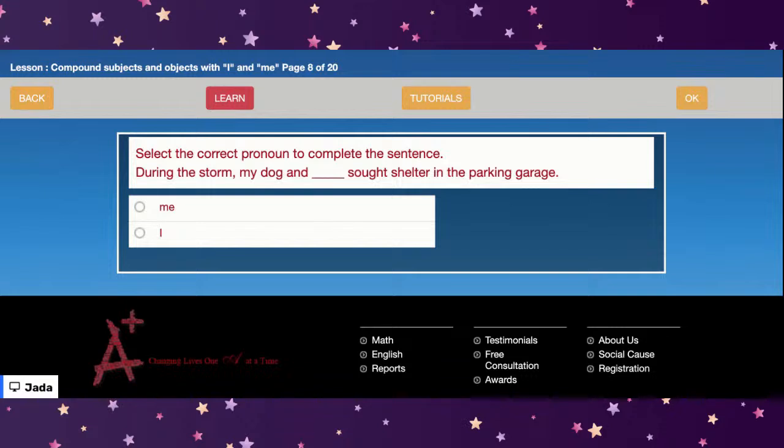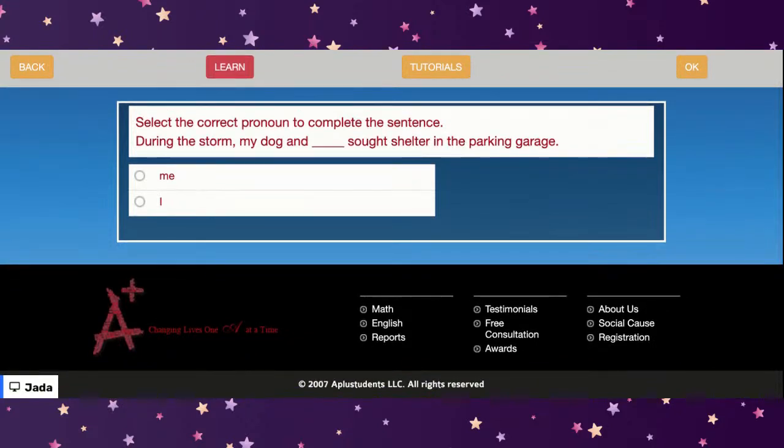Subjects start the sentence. Me and Kira love to sing. You can say I and Kira love singing.